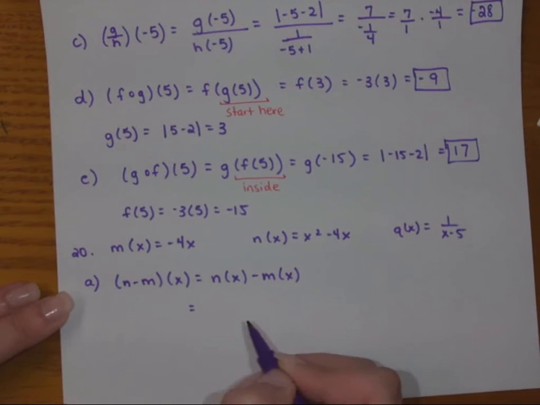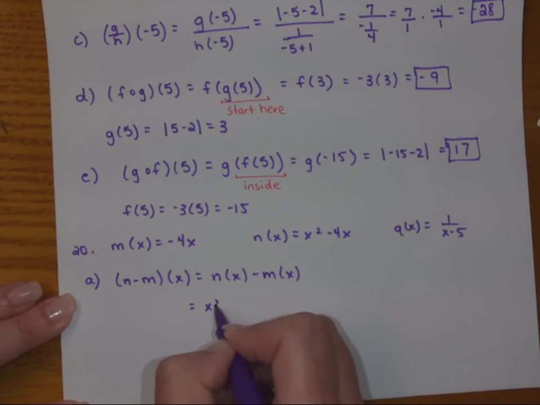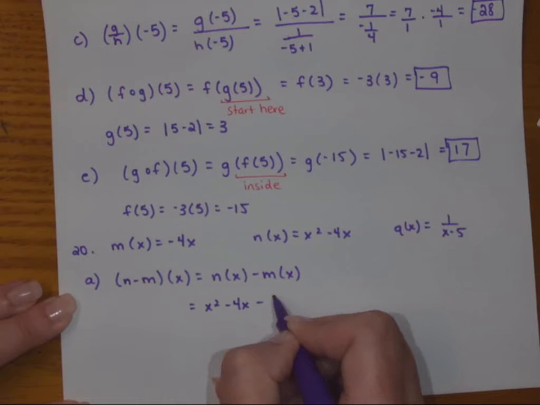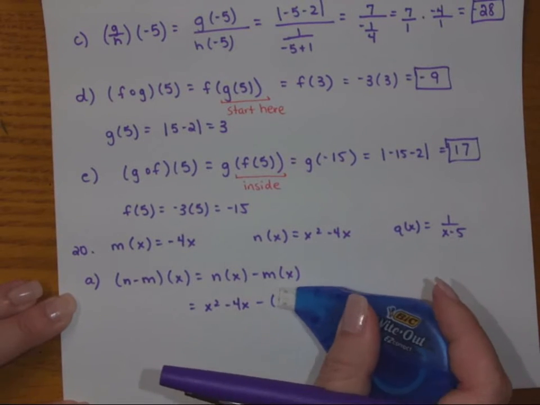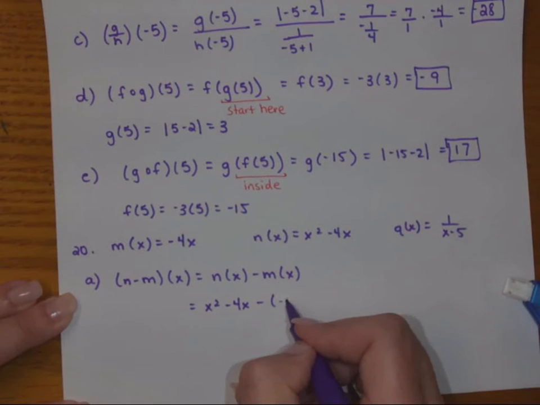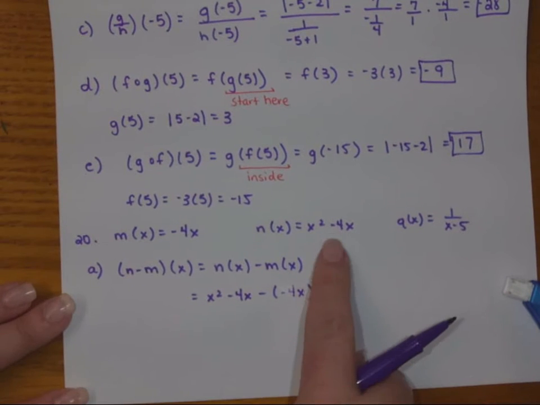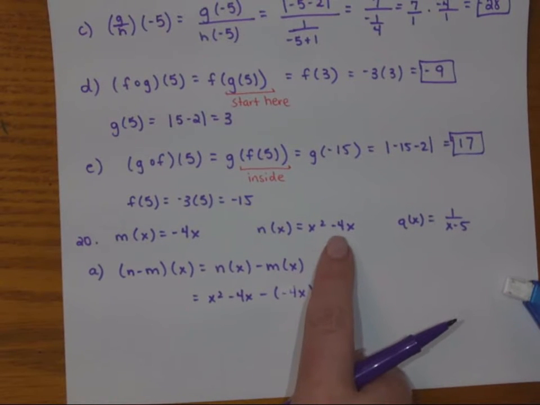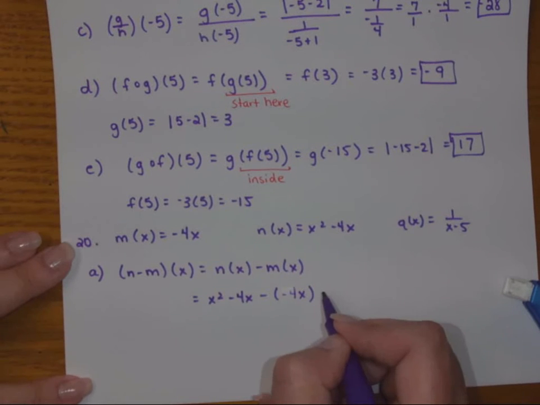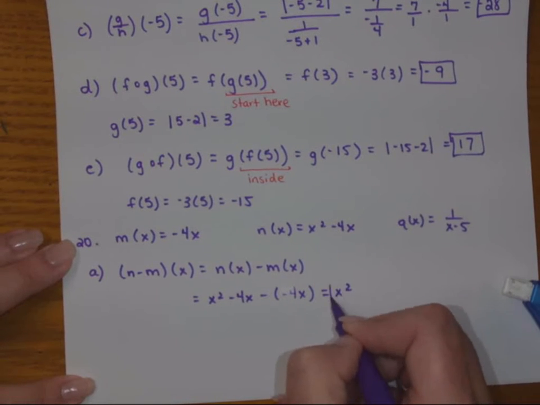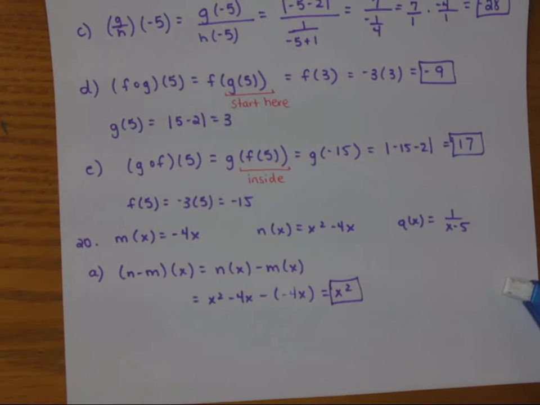Just make sure you use parentheses. So it's actually going to be x squared minus 4x minus negative 4x. If this would have been the opposite, you would have needed to definitely have parentheses if you were doing m minus n. Okay, but at any rate, that changes to a plus, so you end up just getting x squared.